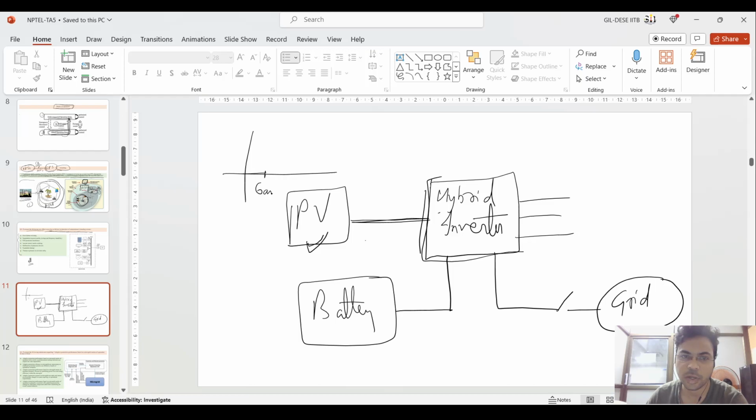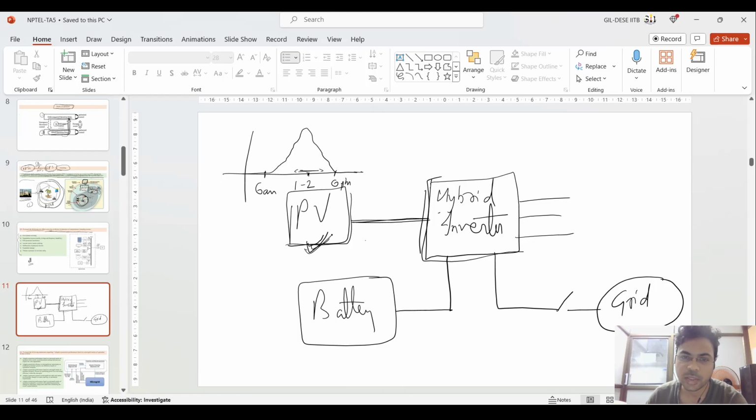So when this PV is generating more power, suppose this is the load curve: at 6 a.m. the PV generation starts, during 1 to 2 p.m. it goes to a peak level, then at 6 p.m. it stops.